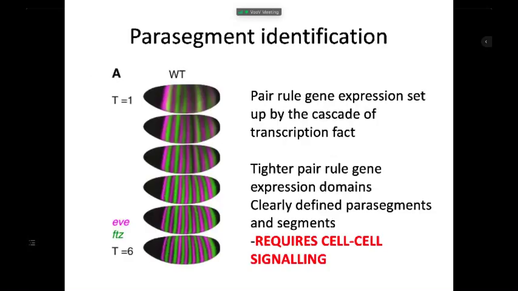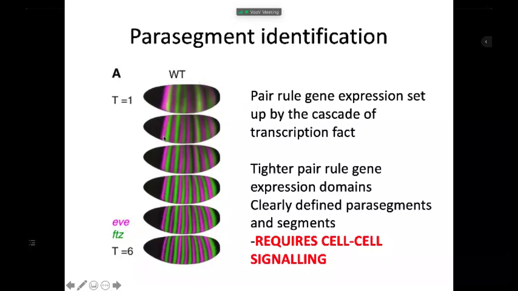So the next part of the mechanisms of development is the concept of parasegment identification. And as we can see here, here is our early development expression of pair-rule genes, here Even-skipped and Fushi tarazu.